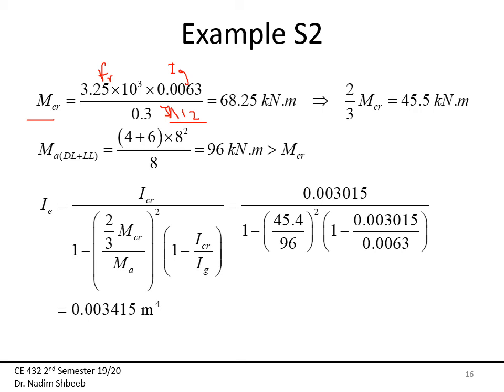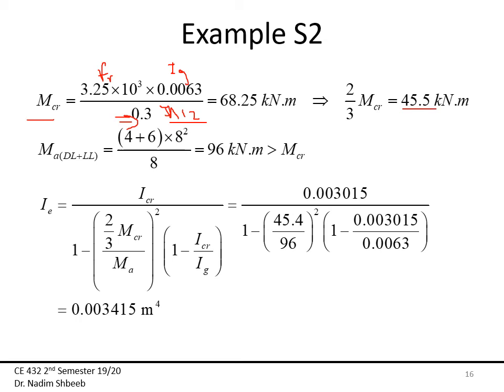Again, here because I'm using the gross I, then I'm using the H over 2, and I'm not using the one for the cracked section. Please note that. So this is H over 2. So 2/3 of the cracking moment, I mean, that's 45.5 kilonewton meter.